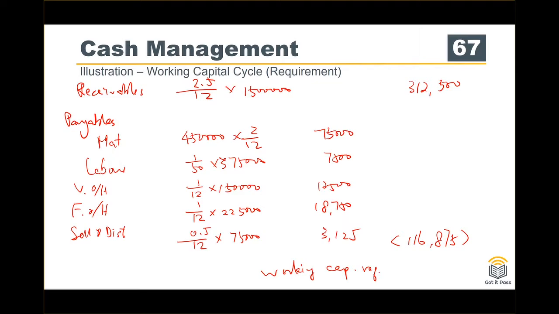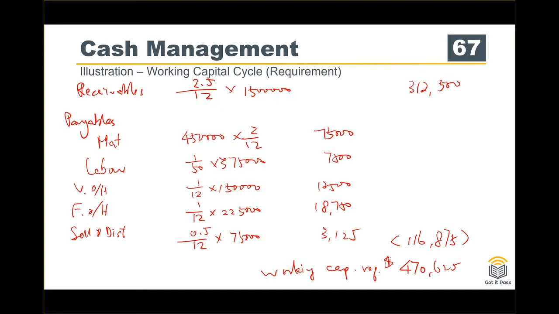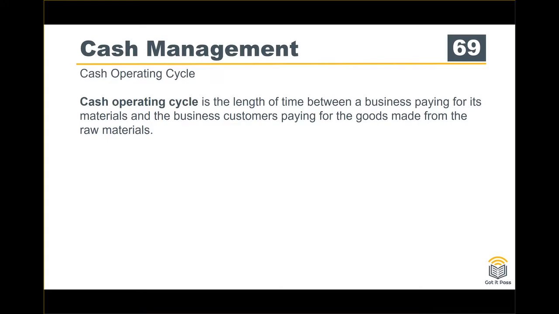So altogether is 470,625. Okay. Here is the working capital requirement. So move on to cash operating cycle.